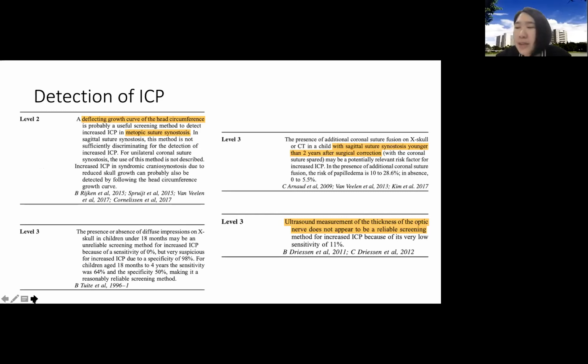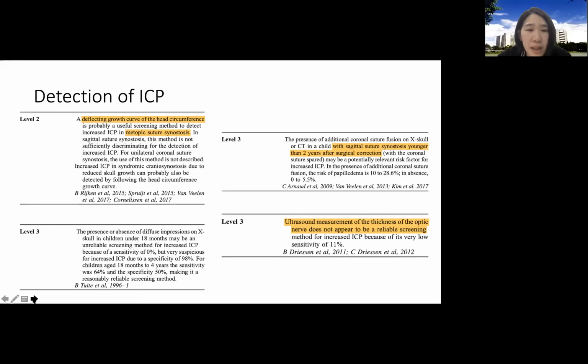In the previous chapter, I described annual screening for ICP in different types of craniosynostosis. However, there are some conclusions that are very interesting and important, as you can see in the table on the left, at the bottom.